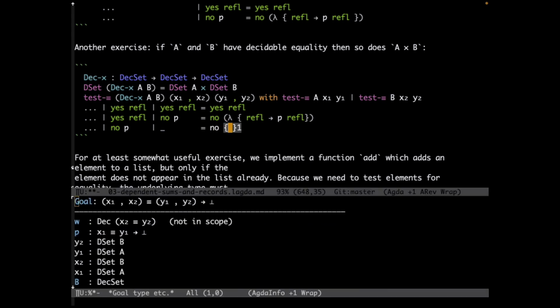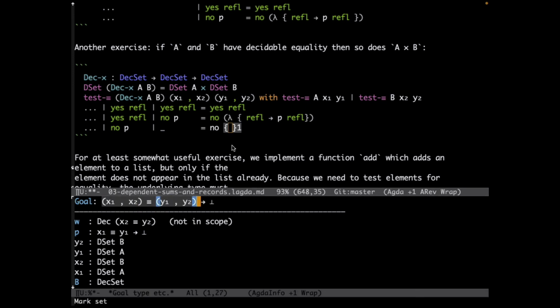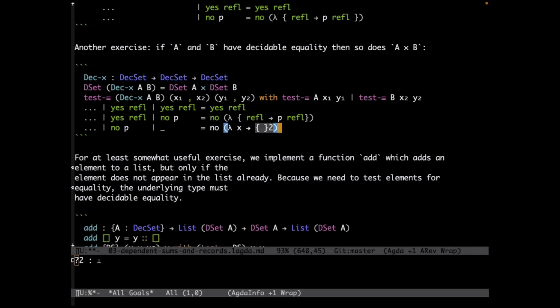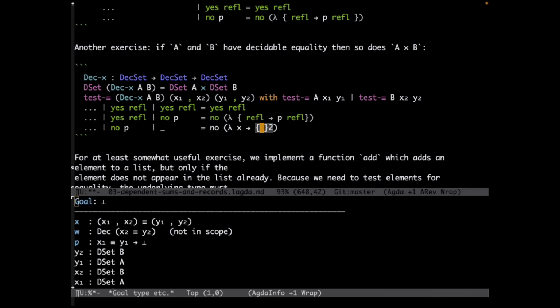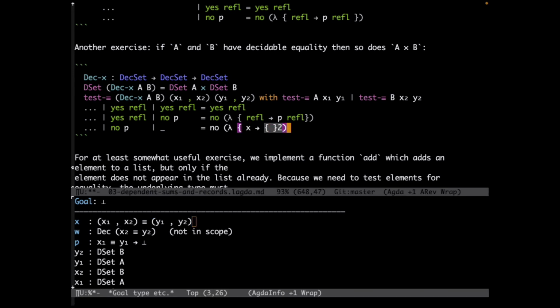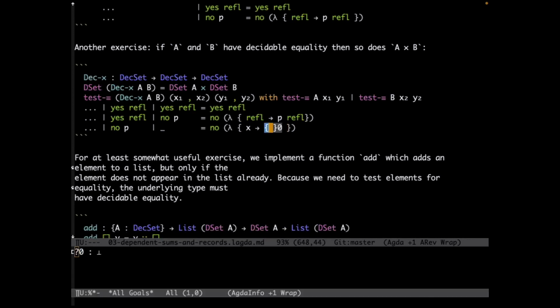But then Agda says, yeah, okay, but now you have to show me that if they are equal, then bottom follows. So I say, okay, how do I do that? Control-C, Control-R. And Agda says, well, now assume they're equal, derive contradiction. And I say, Agda, yes, this is fine. But how about if I consider what this x could be? So I have to put this in parentheses, and I say, what could x be?